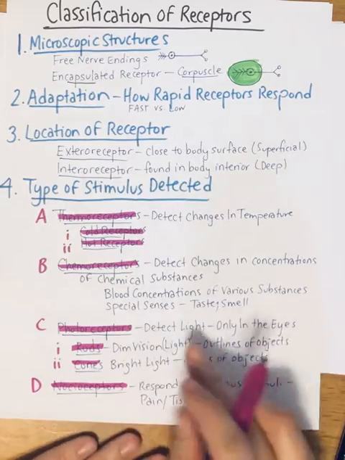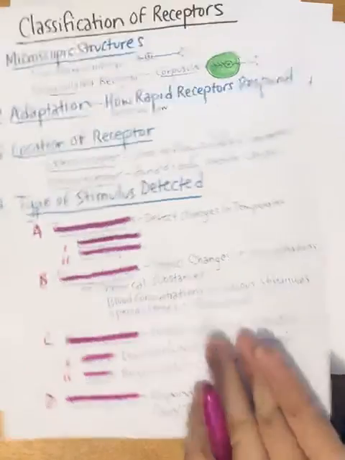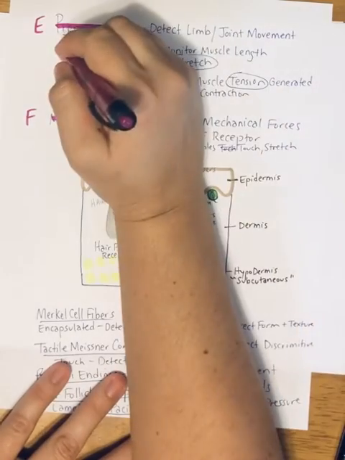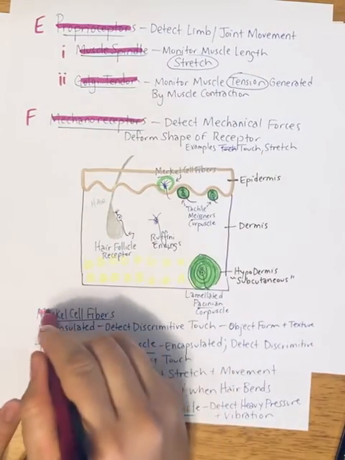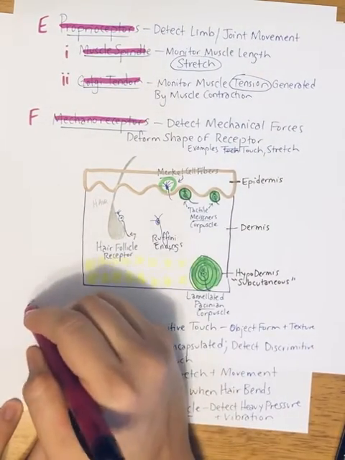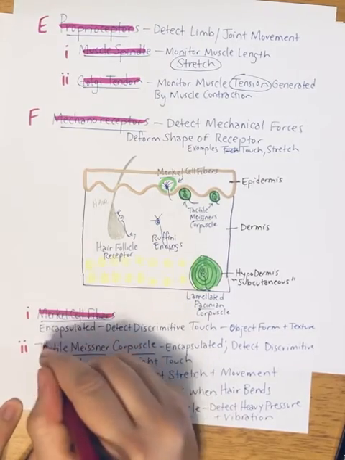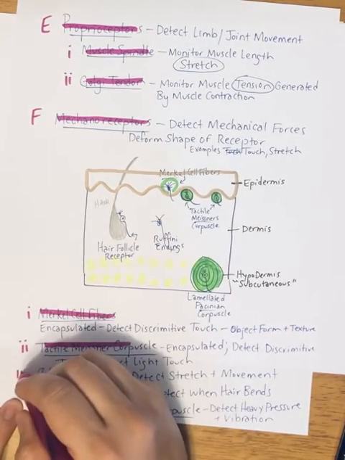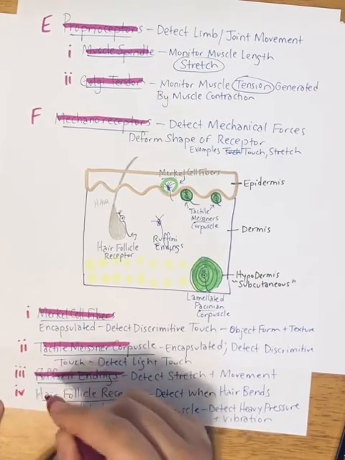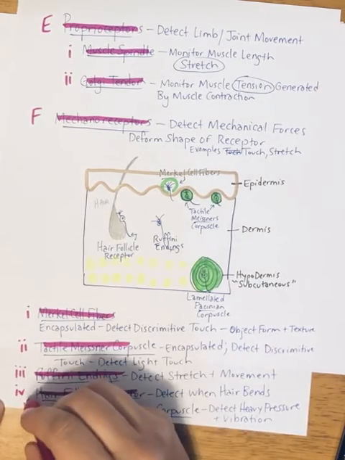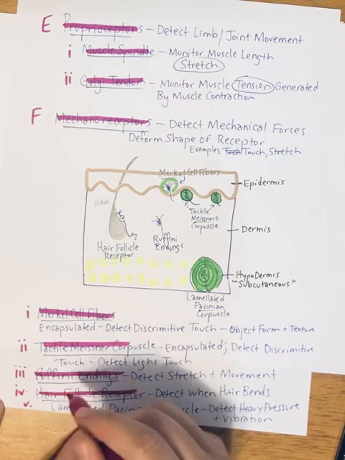Some of them are just straight up to the point. Mechanoreceptors are Merkel cell fibers, tactile Meissner's corpuscles, Ruffini's endings, hair follicle, and lamellated are the ones that I've covered.